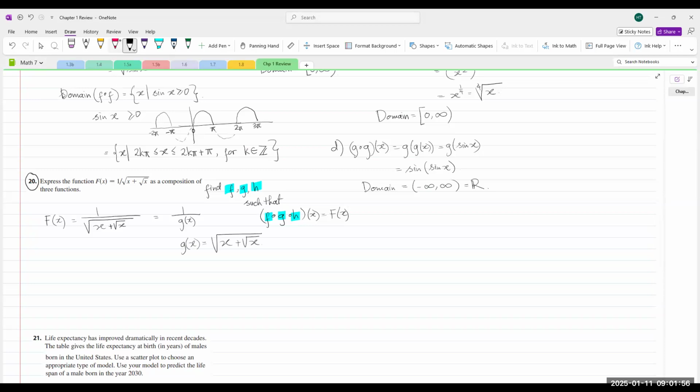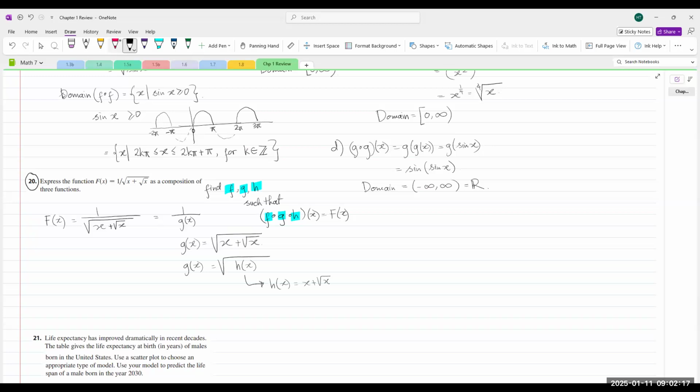And if I see my g(x) as the square root of something, call that h(x), then my h(x) is x plus the square root of x.